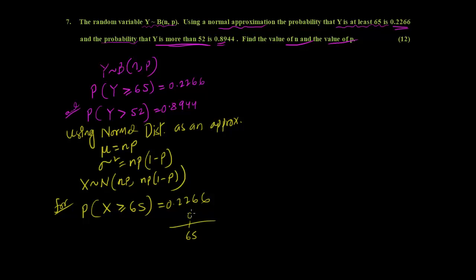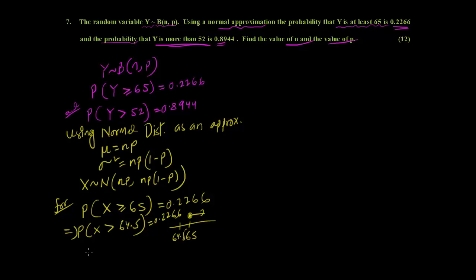For 65 greater than or equal to, the continuity correction would be 64.5. Remember, we have to do a 0.5 plus or minus correction. That's called continuity correction. So this is x greater than 64.5, the equal to sign doesn't really matter because the continuity correction has been done, and this equals 0.2266. So we got this.